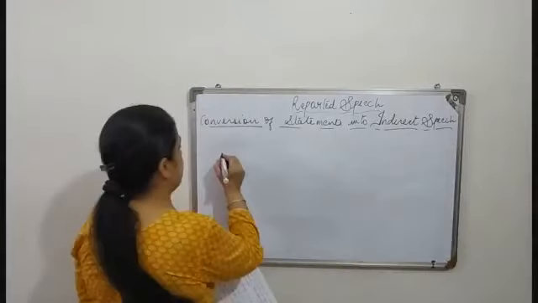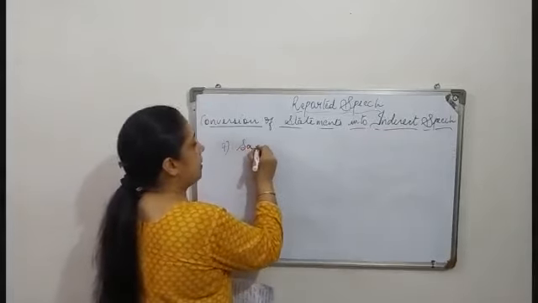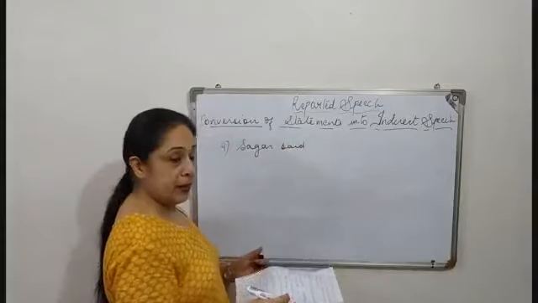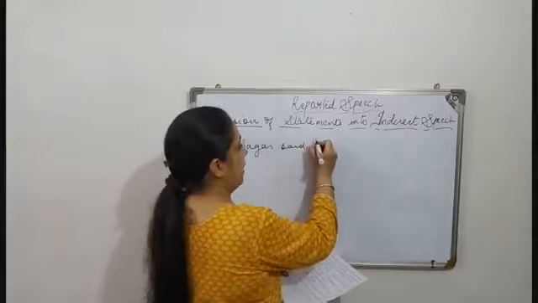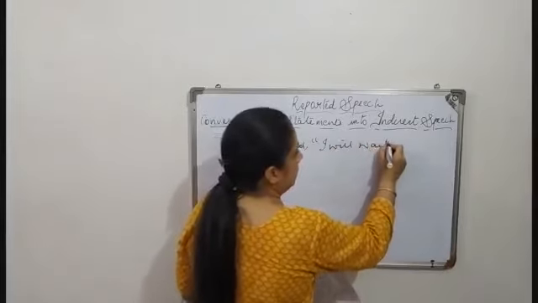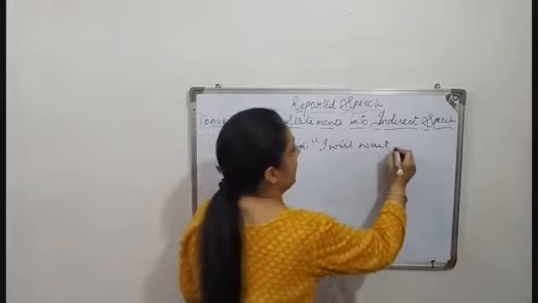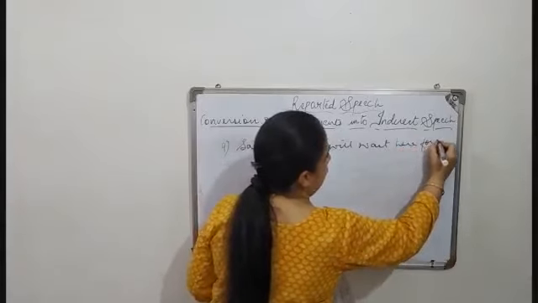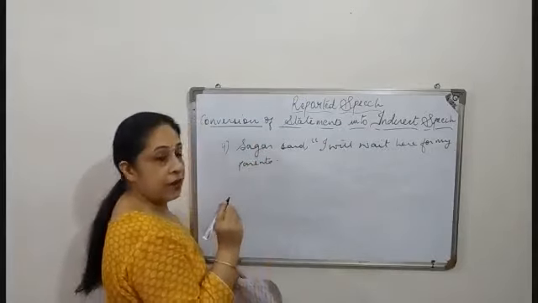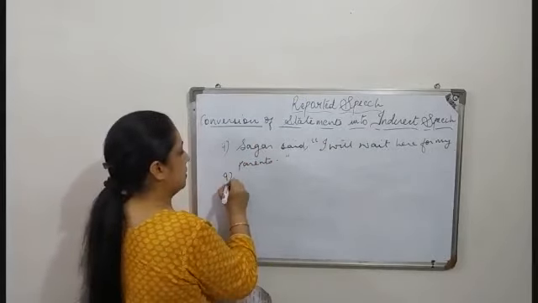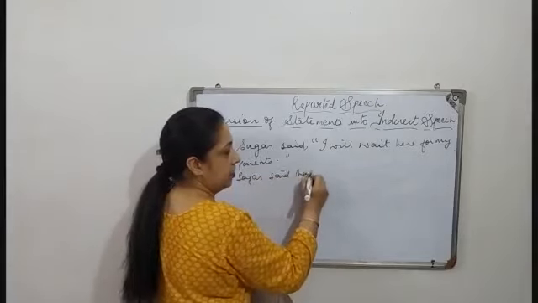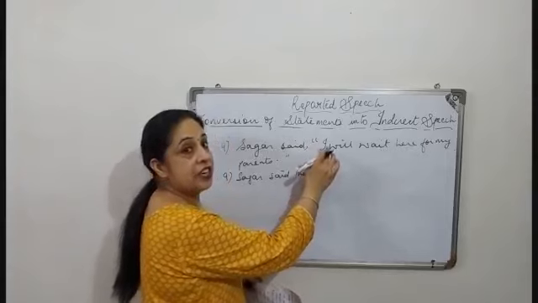Now the 9th is Sagar said. So again I told you said means said. Sagar said, comma, inverted comma open, I will wait here for my parents. So how do we have to do this? Sagar said that, I is first person.